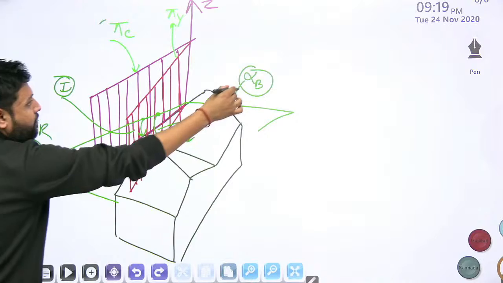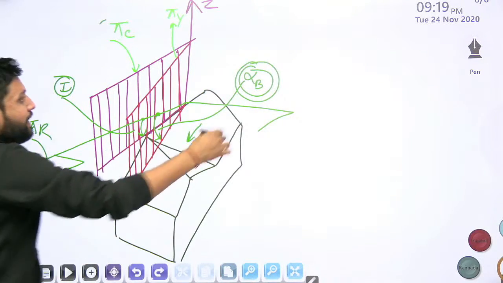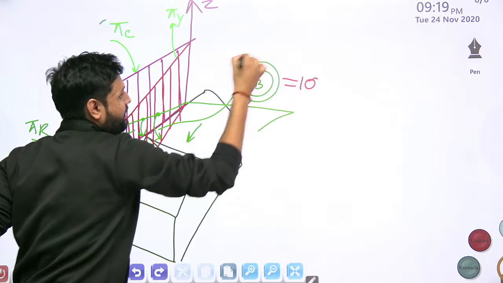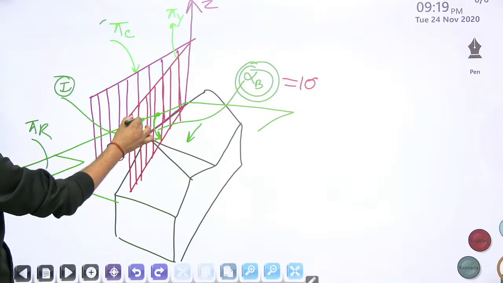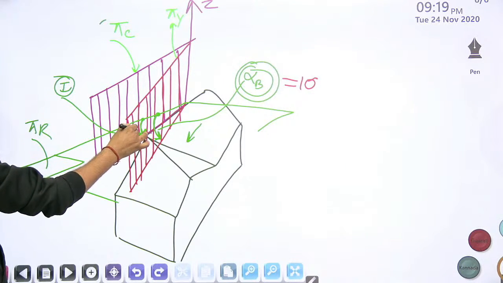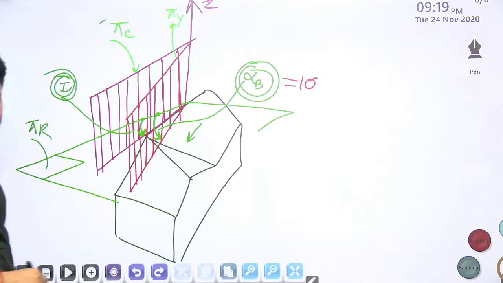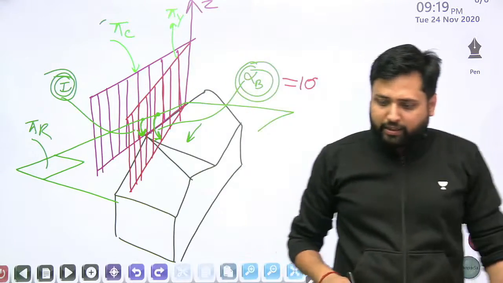Now if I say that this back rake angle is equal to 10 degrees, this measurement that you are getting is 10 degrees, let us say, then what about this measurement in the pi c plane? Will it be less than 10 degrees or more than 10 degrees?